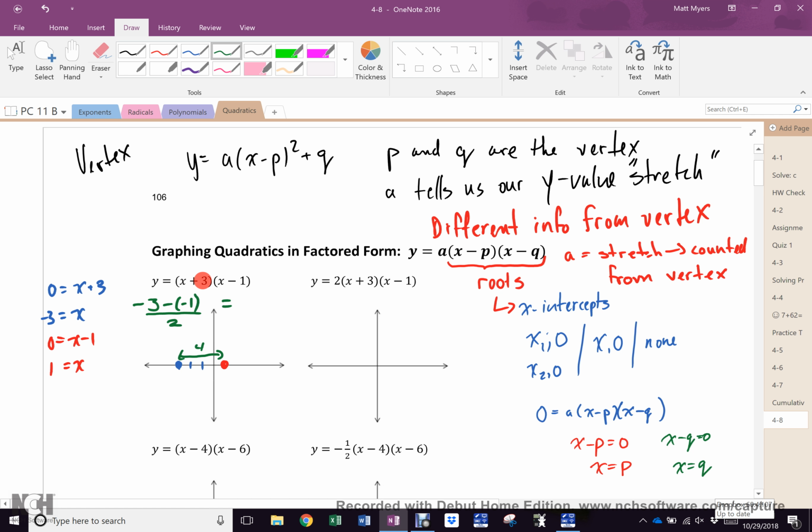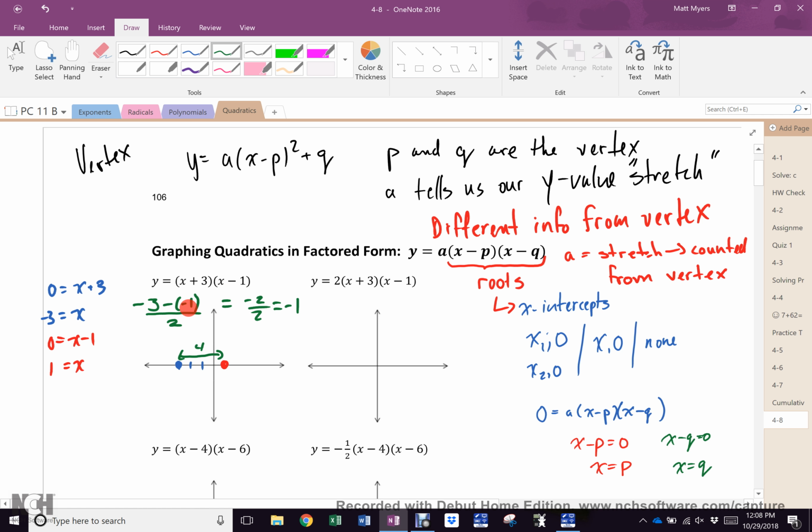Because that's opposite, negative p, negative q. What's negative 3 minus minus 1? Negative 2. What is negative 2 divided by 2? Negative 1, which gives us our vertex at negative 1. Is everybody cool? You can see it when you draw it out, but you can also find it with algebra.